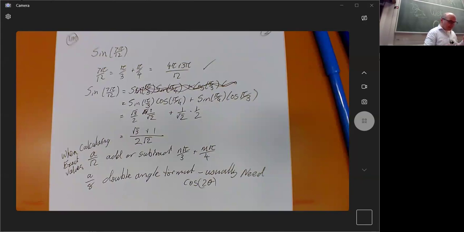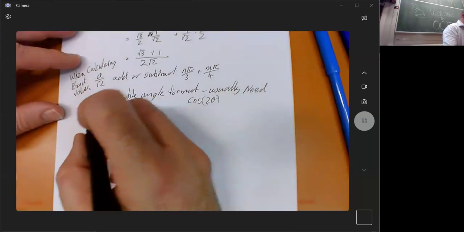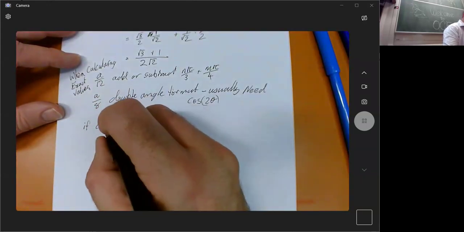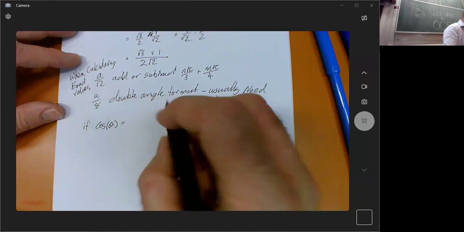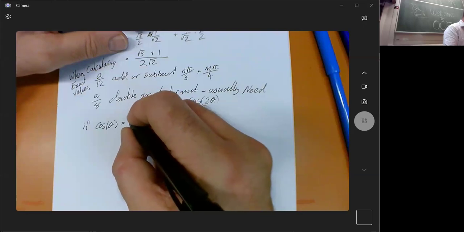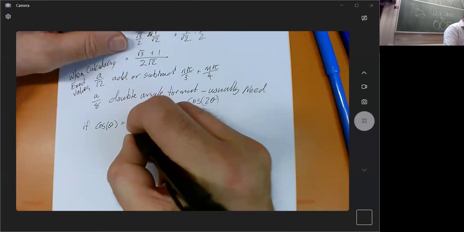Now there's 2 other things we do in this vein. All right. So if cosine of theta is equal to, I don't know, what's a nice number? We're going to do something terrible. I reckon I'm going to go 3 on 7.